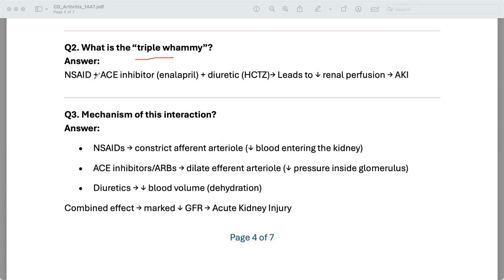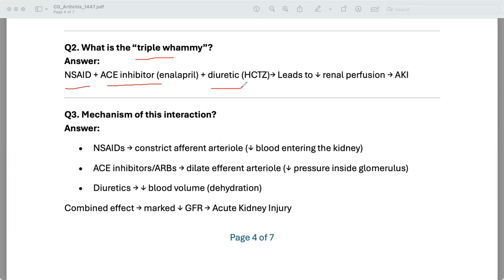Which are these three drugs? The first one is non-steroidal anti-inflammatory drug. In this case, patient takes diclofenac. Non-steroidal anti-inflammatory drugs, that is diclofenac, angiotensin converting enzyme inhibitor, enalapril, and diuretic hydrochlorothiazide.